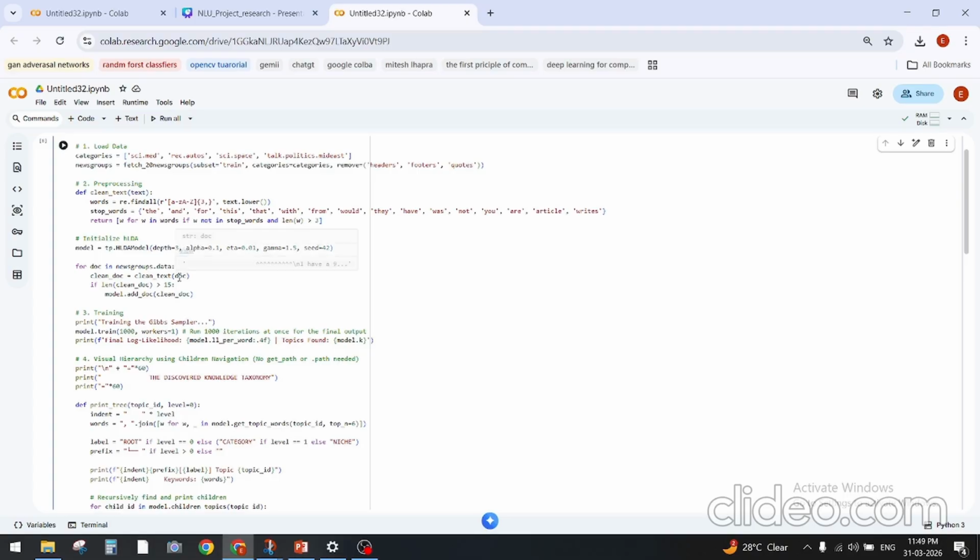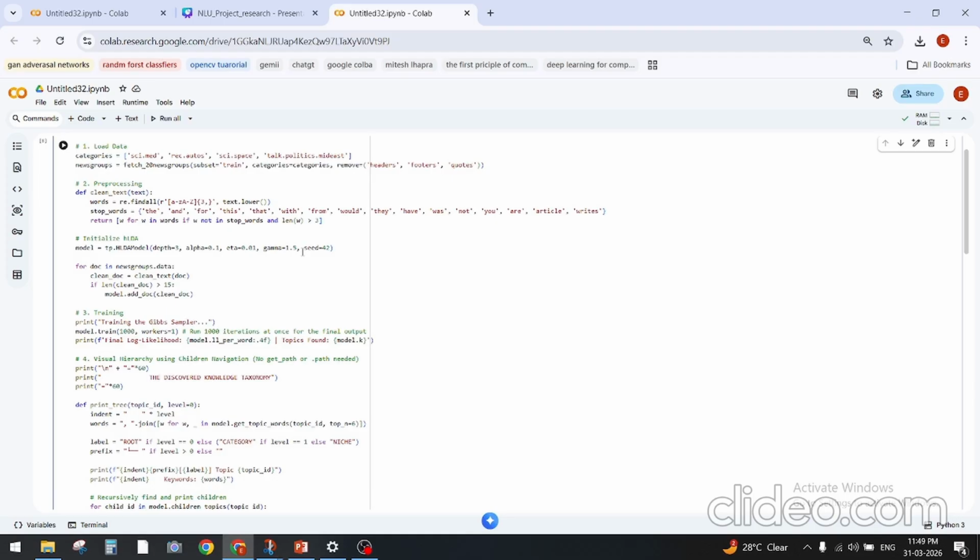After the pre-processing of the data, we have defined our alpha to be 0.1. Then we have defined our gamma to be 1.5, which is the heart of nCRP. It controls the threshold for newness. By setting it to 1.5, we tell the model that if a document does not fit existing branches, then sprout out or create a new one.